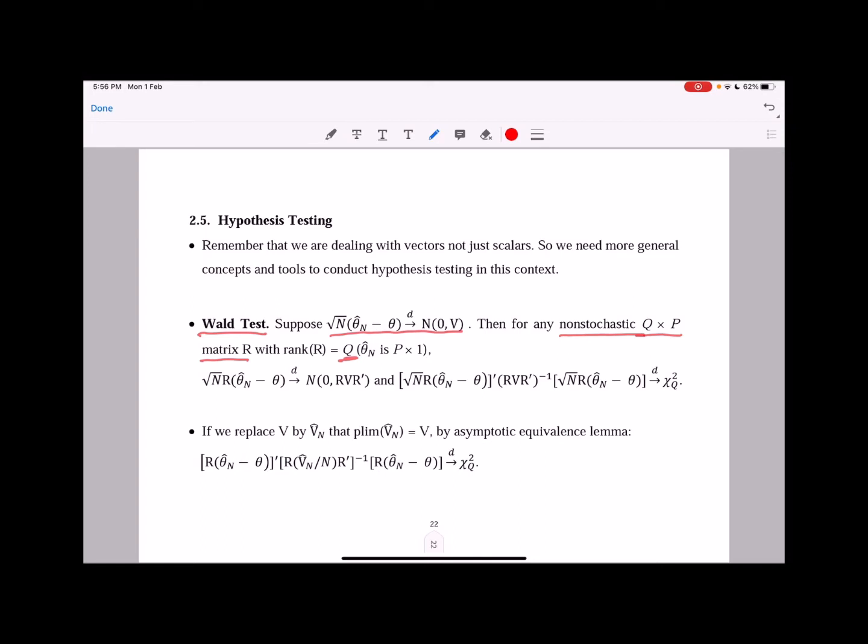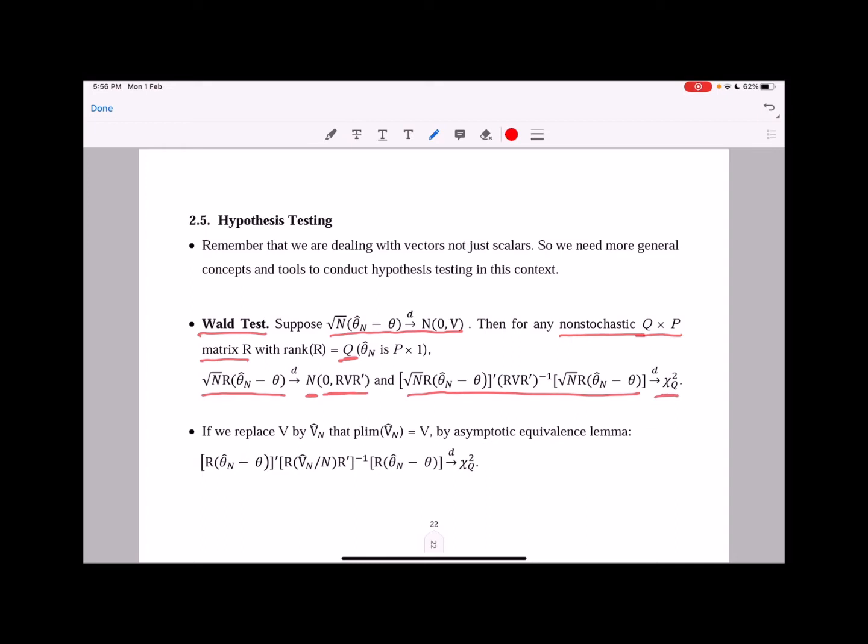We know that if we multiply a normal distribution by a non-random linear matrix, it remains a normal distribution, and the variance becomes its quadratic form. Also, we know a quadratic form like this, constructed from a normal distribution, will follow a chi-square distribution.